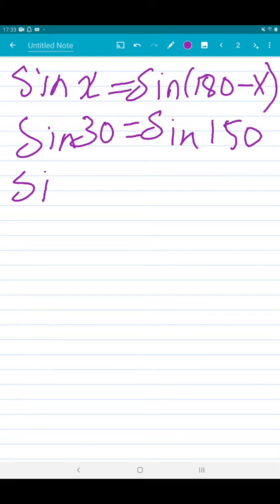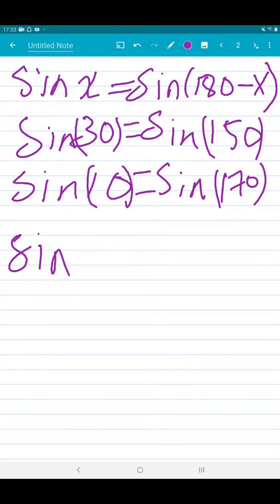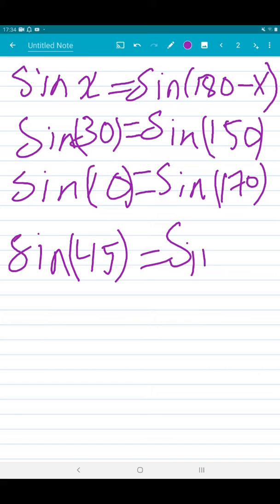Okay, sin 10 equals the same as sin 180 minus 10, which equals what? 170. Okay, another example, sin 45 is the same as sin 180 minus 45, which equals 135.